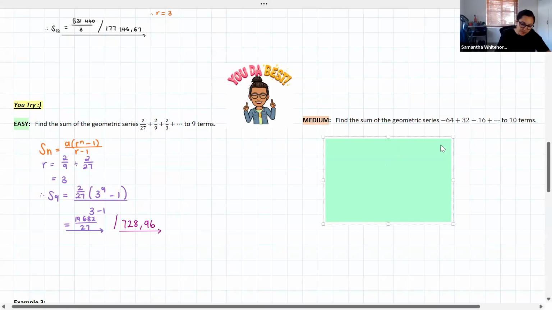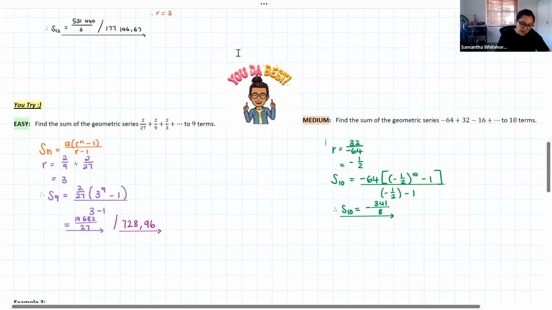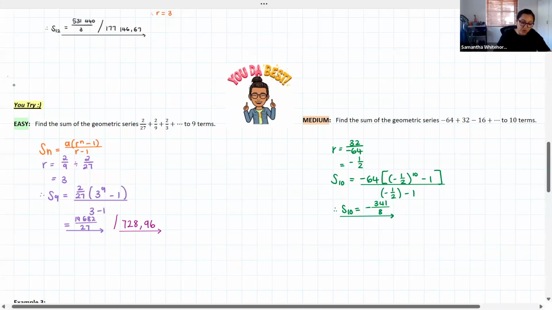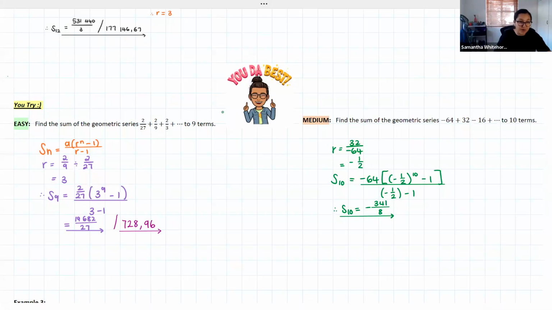Right, if we jump over to the medium question, your ratio here was -1/2, so just be careful. You've got quite a few fractions in the fraction because of that R value, but your final answer is -341 over 8. That as a decimal is -42.63.